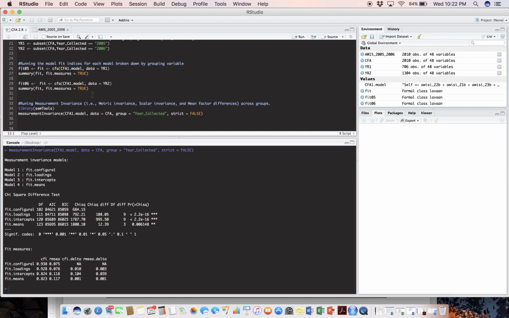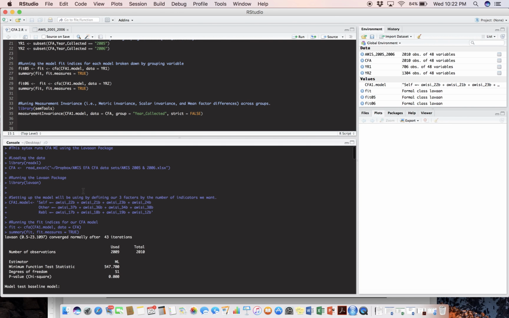So we're going to take a look at each piece of that information as we walk through the output. All right, so that is how we would run each piece of that information. Now let's go and see what our output gives us.